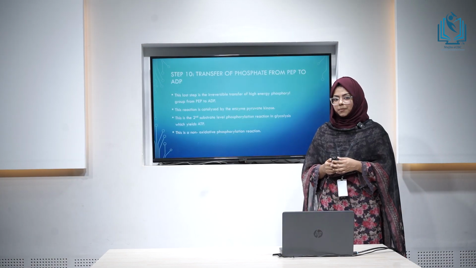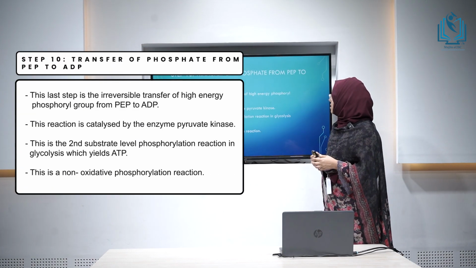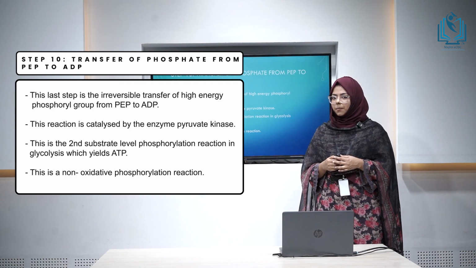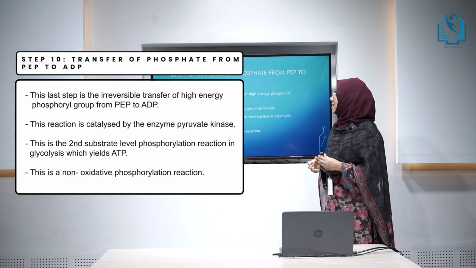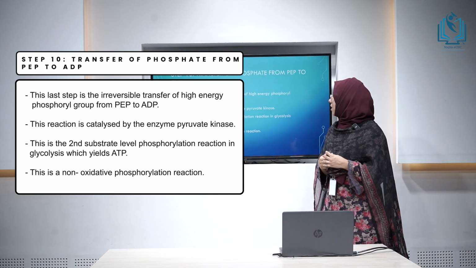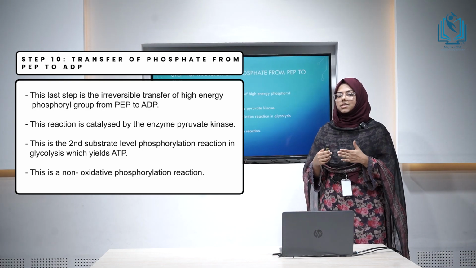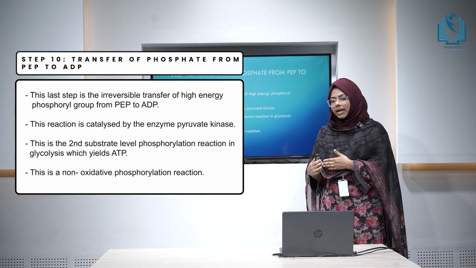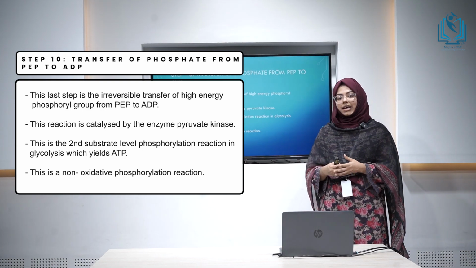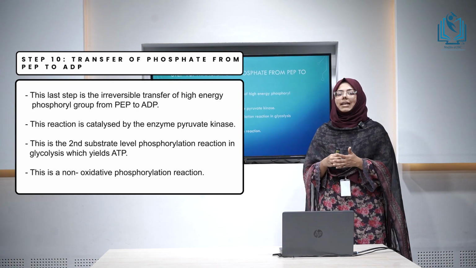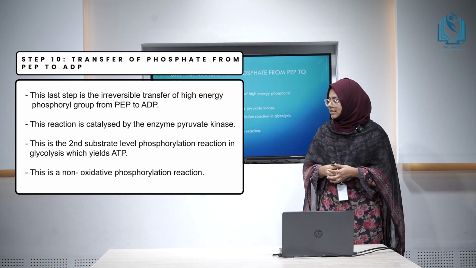The last step is transfer of phosphate from PEP to ADP. That is, this last step is a transfer of the high energy phosphoryl group from PEP, phosphoenolpyruvate, to an ADP molecule, and this reaction is catalyzed by the powerful enzyme pyruvate kinase.